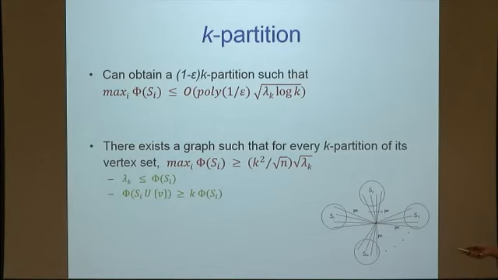And this fact is enough to get a huge gap over here by appropriately choosing the value of p. Anyway, the point I wanted to make is that you really need this poly 1 over epsilon here. You cannot place some small constant over there. As you get closer and closer to k, that thing has to blow up.